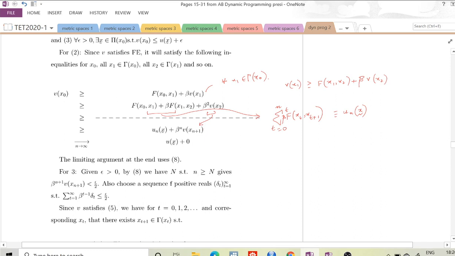Okay, so now if we take limits, the right hand side goes to u of x tilde by definition, because this is the limit of the partial sums, and by the assumption in the theorem, the beta to the n V of xn plus 1 term goes to 0. And so that must mean that V of x naught is greater than or equal to u of x tilde plus 0.